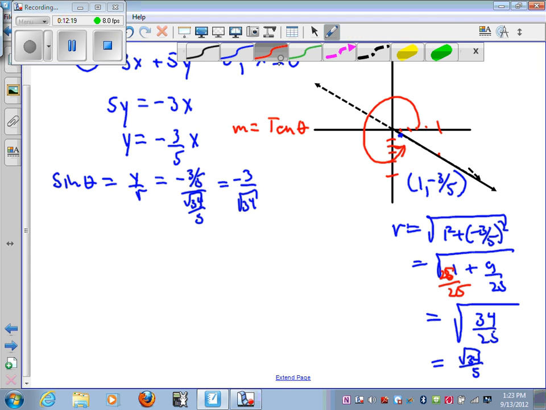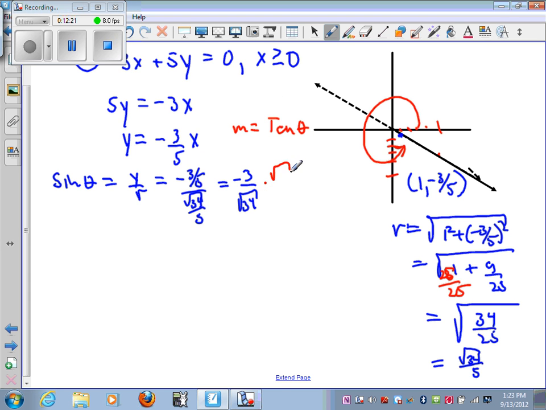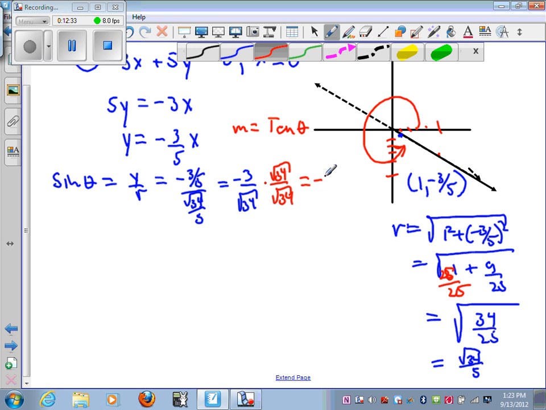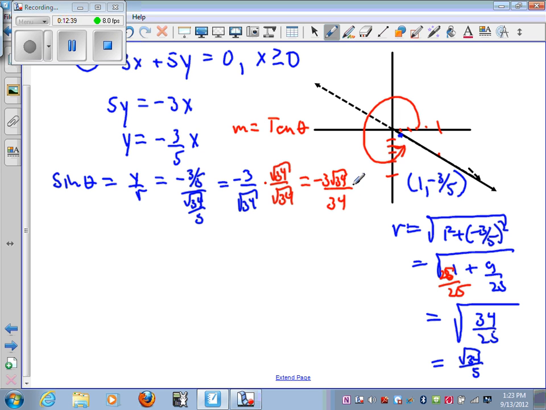We got to rationalize that denominator. Square root of 34, square root of 34. So what that equals is a minus 3 square root of 34 over 34. Okay.